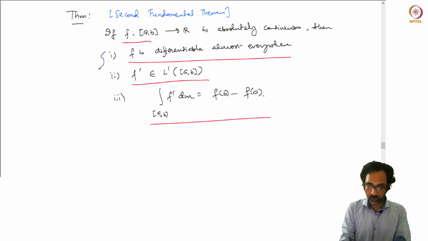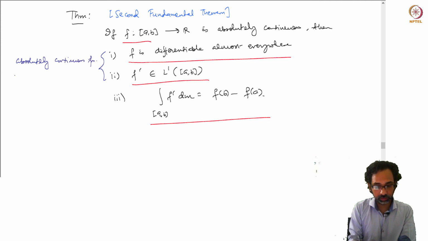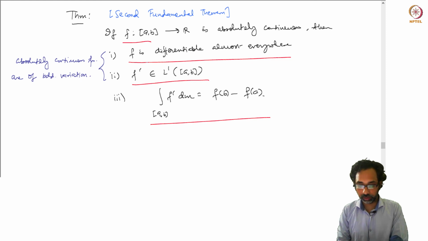Now the first two are actually consequences of the fact that absolutely continuous functions are of bounded variation. So we have shown that a function of bounded variation is differentiable almost everywhere.